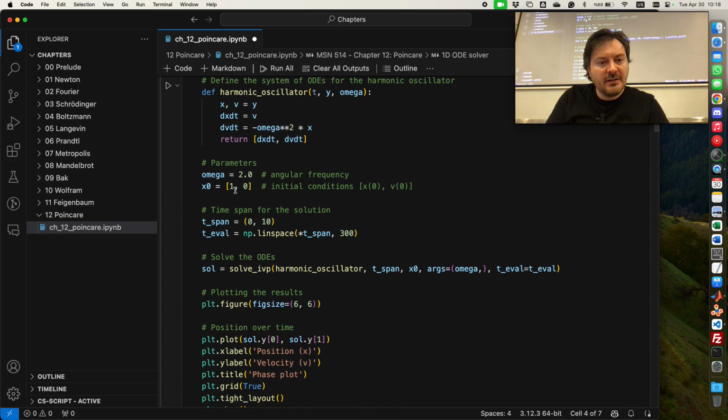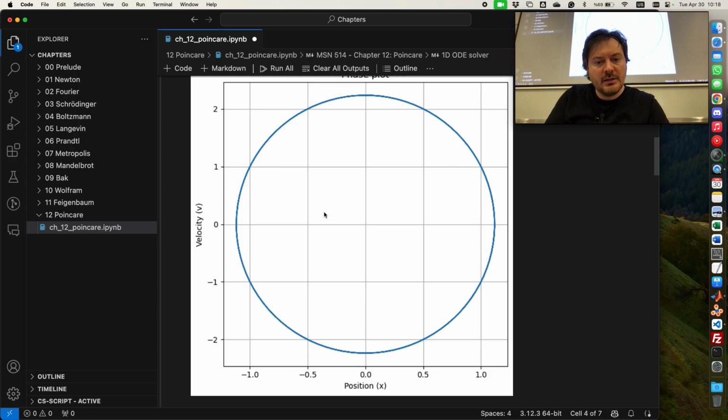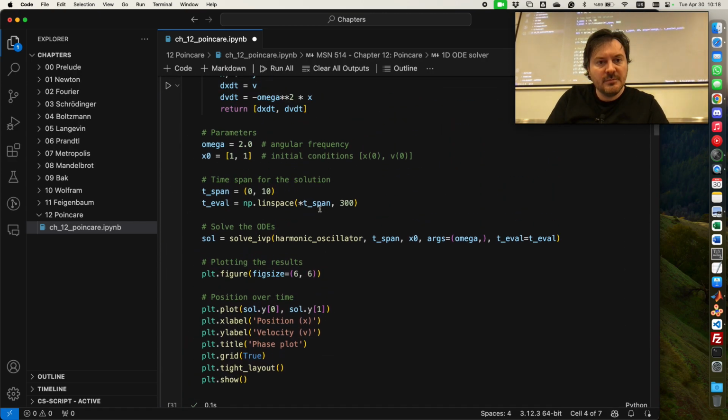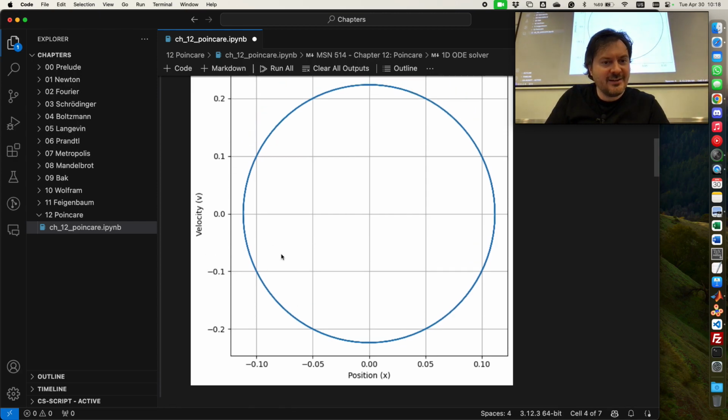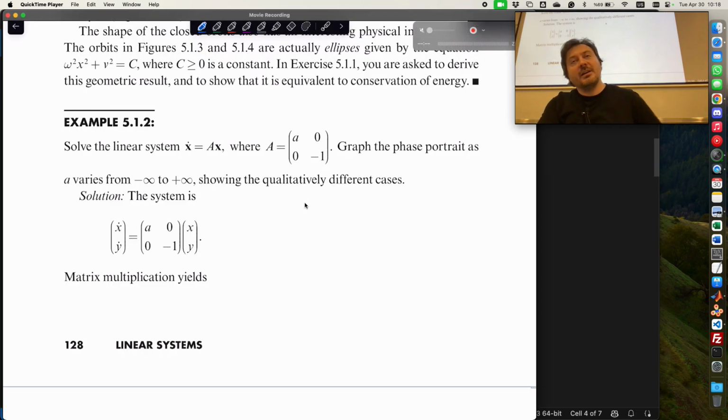I started from 1, 0. Let me start from 1, 1. I just get a bigger circle. Let's start from 0.1, 0.1. I got a smaller circle. Just the axes were the same, so you didn't see it. Are you happy?